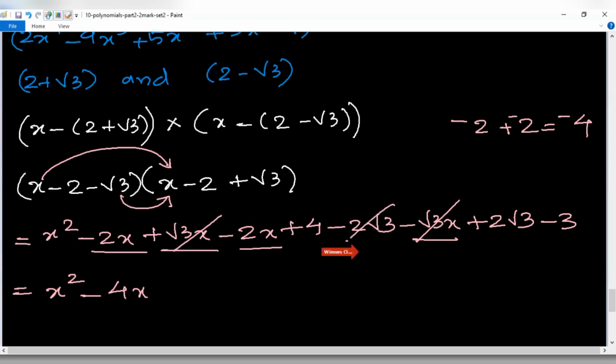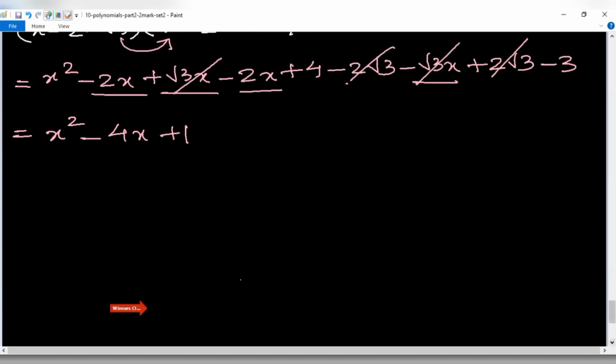Now see, minus 2 root 3 and plus 2 root 3, we can cancel it. Now 4 minus 3 is 1. Okay, now we can write this as the factor of the given polynomial. The given polynomial was p of x is equal to 2x raised to 4 minus 9x cube plus 5x square plus 3x minus 1.